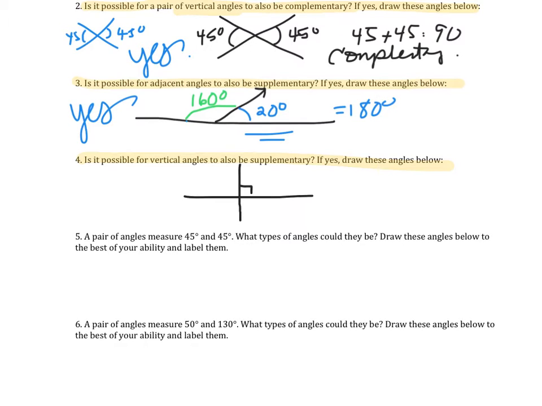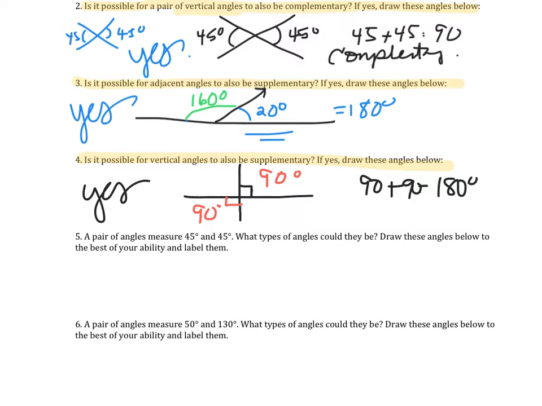If this here was 90 degrees, then this here would also be 90 degrees, and 90 plus 90 are vertical, so those would be 180, because 90 plus 90 equals 180, so they would be supplementary. So yes, I think so. I'd have to double check that, but pretty sure a pair of angles that equal 180 degrees would be supplementary.